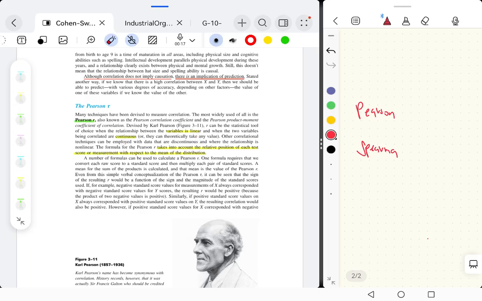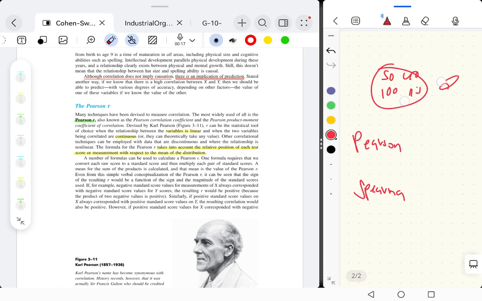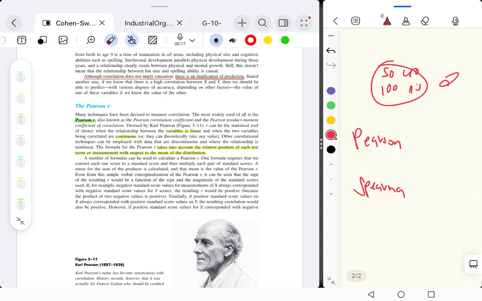Linear, again, pwede lang siya interchange without any nuisance, like example, 50, 60, kani kay 100, 115. This is linear. Continuous in the sense na it goes on and on and on, as what I said sa last video.